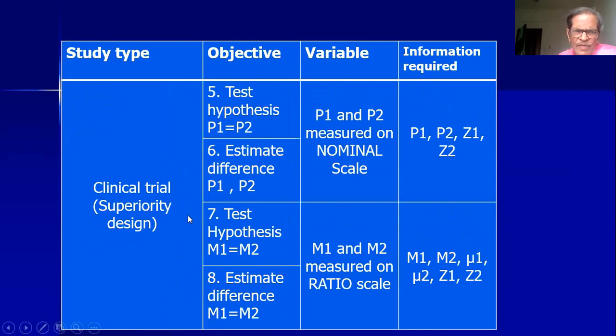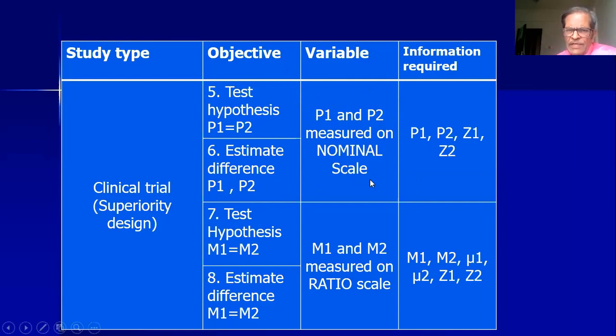If the study is of the clinical trial type, that is of the superiority design, then your objective could be testing the hypothesis and estimating the difference of P1 and P2, where P1 and P2 are variables measured on the nominal scale.